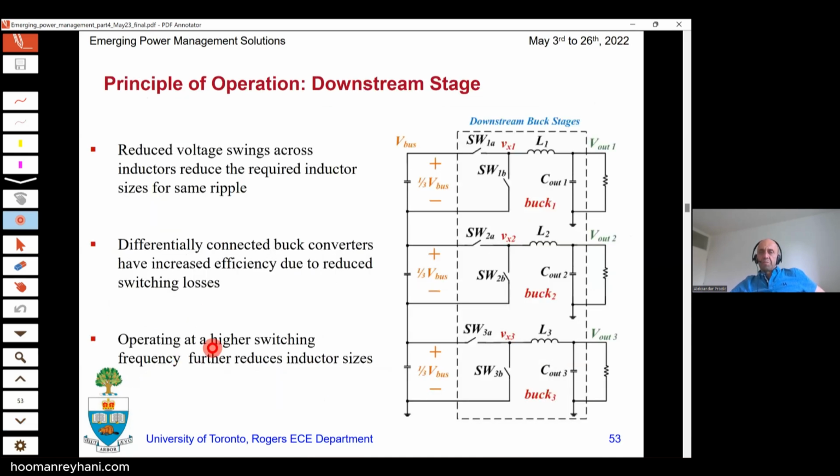Now, how is this principle applied for the power management system? We know that power management systems usually incorporate multiple outputs.